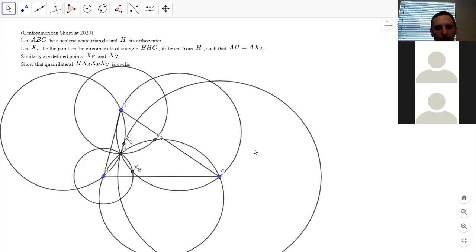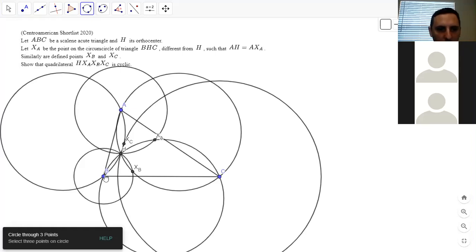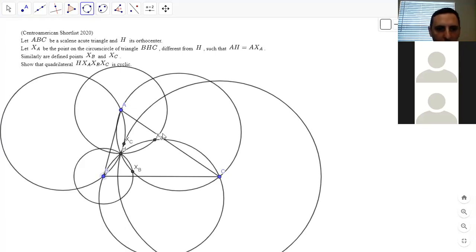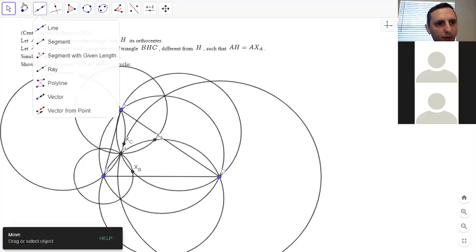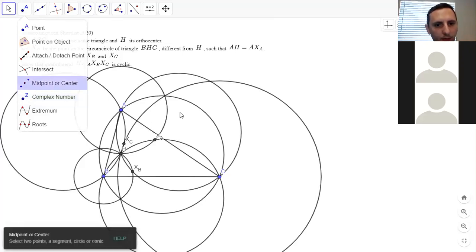So we know the circumcircle of BHC is a reflection of the circumcircle of ABC, so all three of these circles have the same size as the circumcircle of ABC. I just reflected over each side. Maybe it's worth drawing the center of this circle.